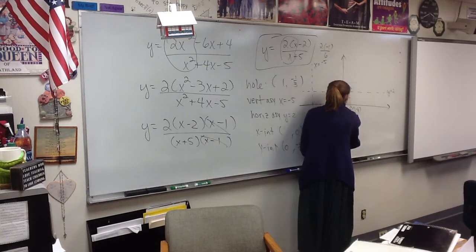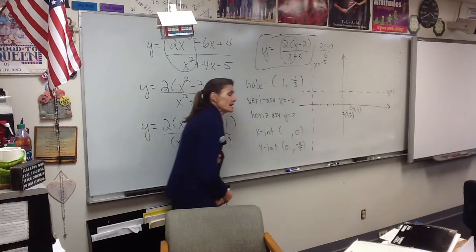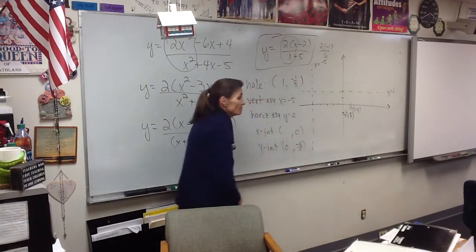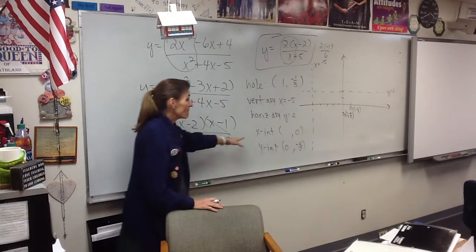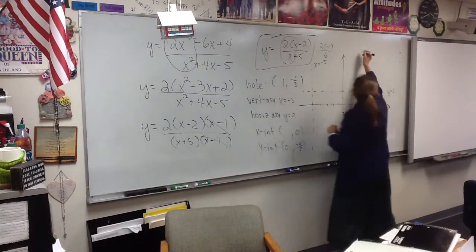So if I put 0 in for x, I get -4/5. Now how do I find my x-intercept? Put 0 in for y.